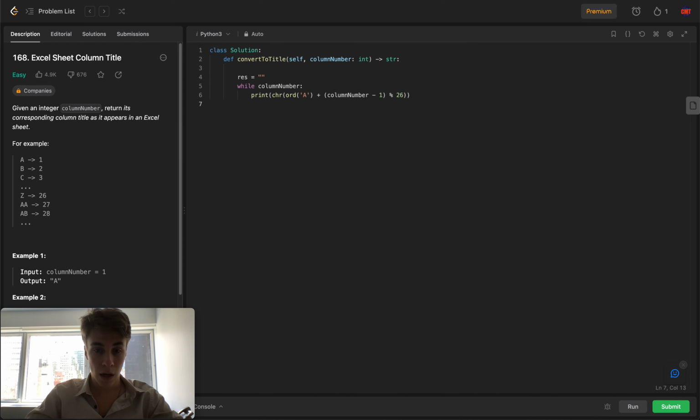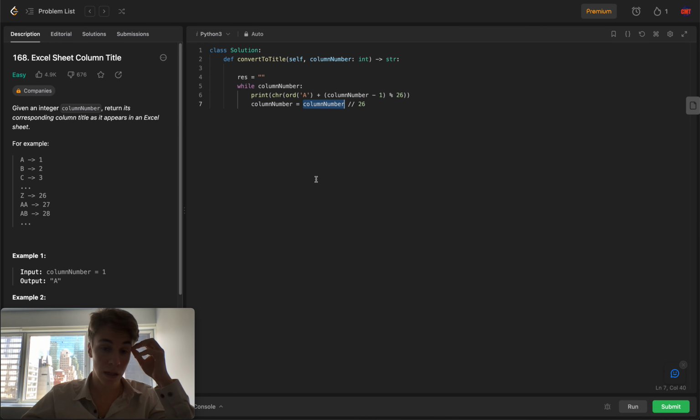And finally, now to the part where I say first modulo and then divide the column number by 26. However, here's the thing. Remember how I said that A in the bigger position is equal to Z, essentially?